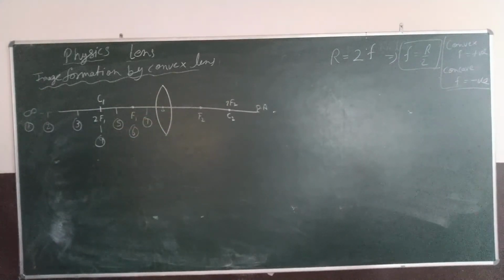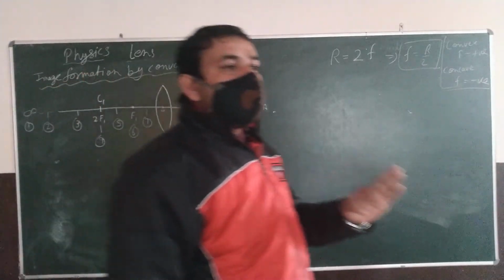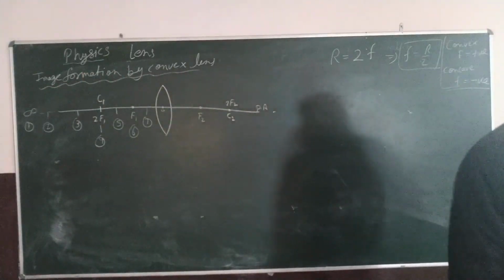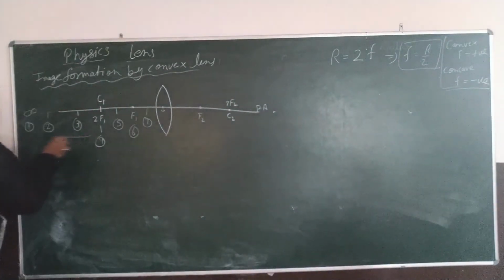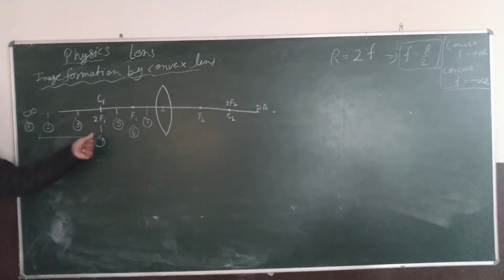So by using the convex lens we can form the image at these 7 points. Is it clear? Now here 2 points are related to beyond C. So we can form the image for any of these.